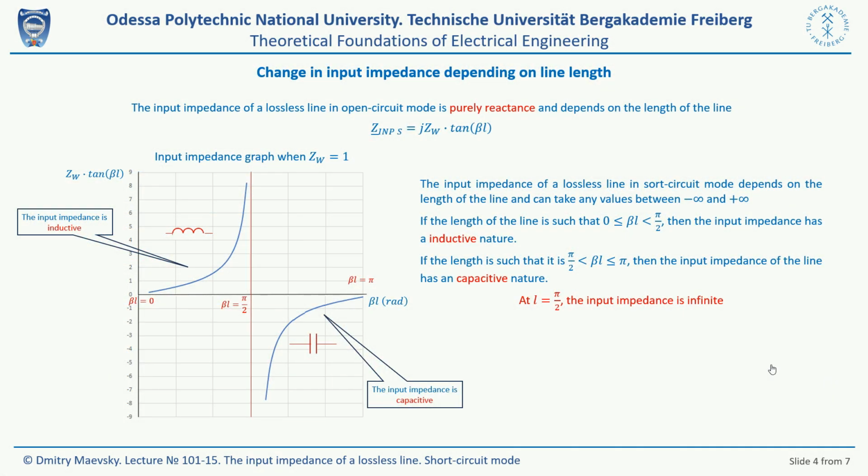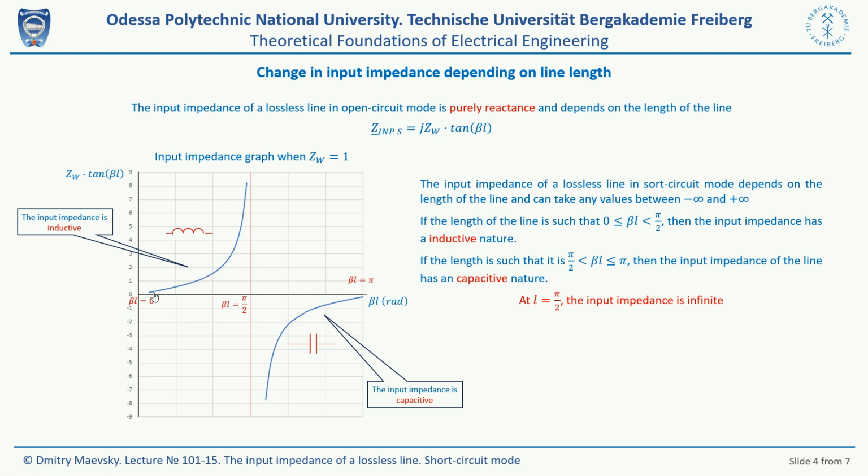This diagram illustrates the graph depicting the variation of the input impedance of the line with a change in the argument of the tangent, the product of beta and L, within the range from 0 to pi radians. When the argument of the tangent is 0, the input impedance of such a line is also 0.